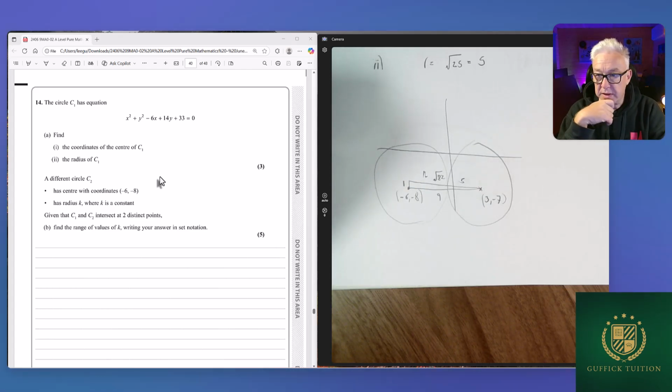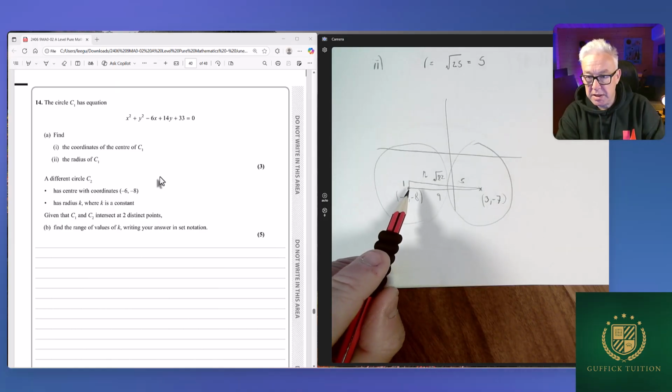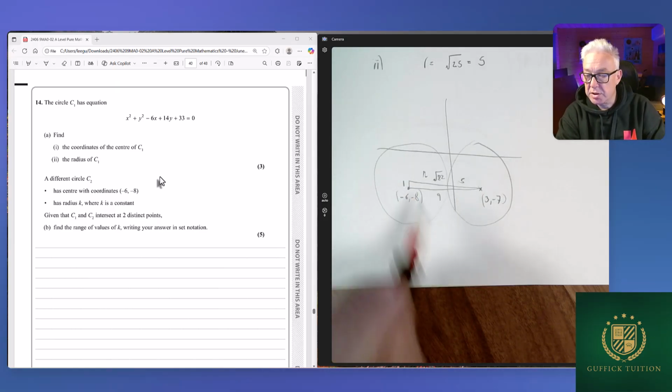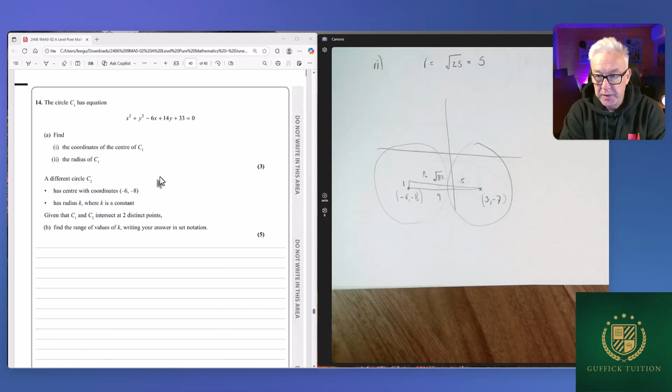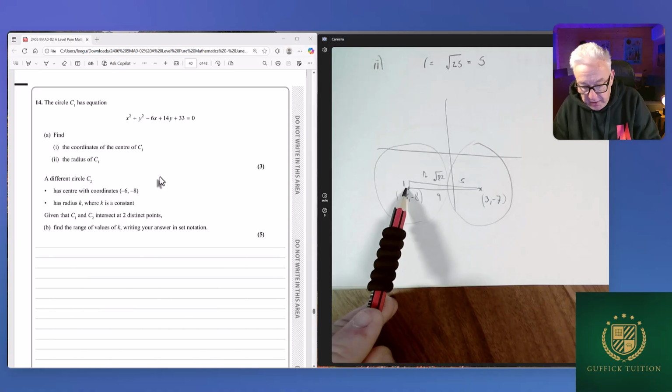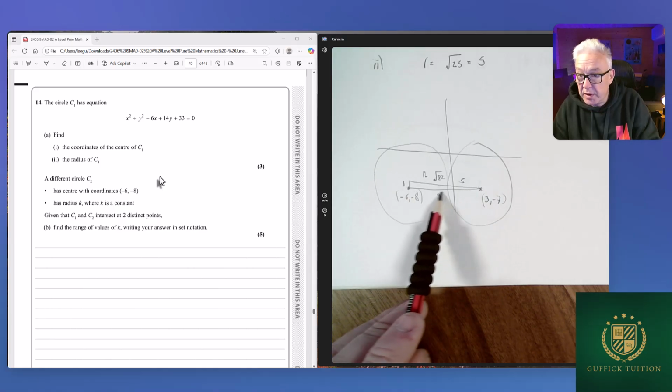So what I've done is imagined both of the circles were just touching each other. That seemed quite instinctive to think about. And I measured the distance between the two centres. So you've got the two coordinates, so you can calculate this length here, the distance between the two centres.